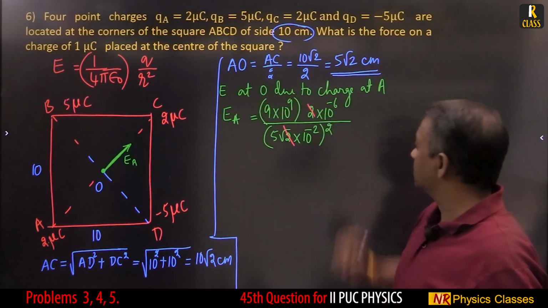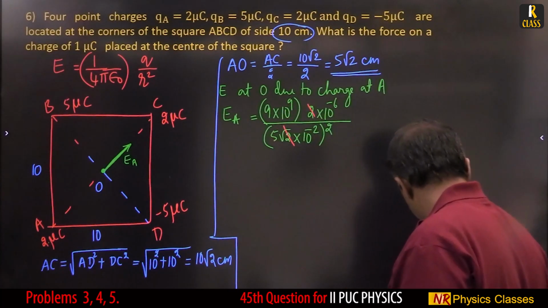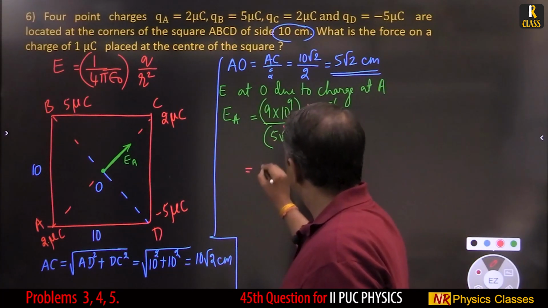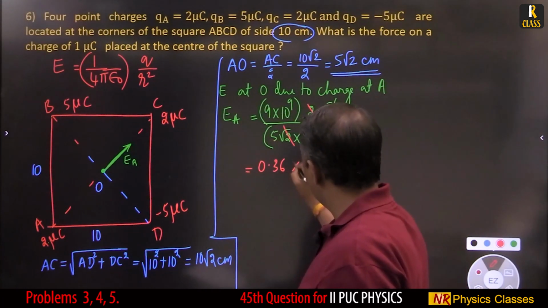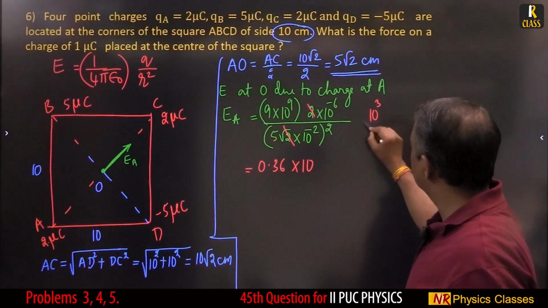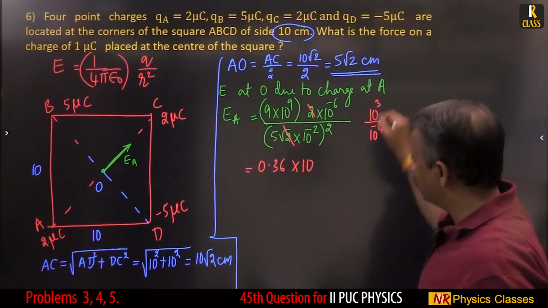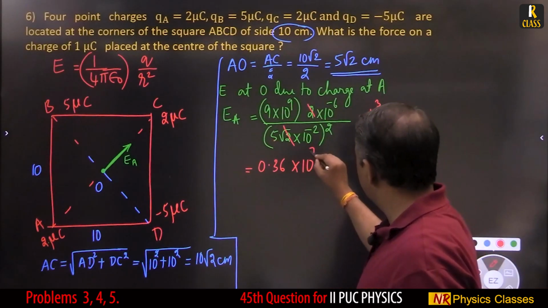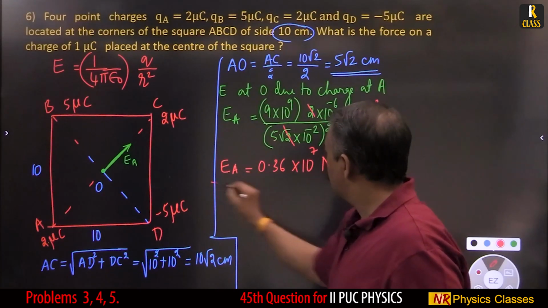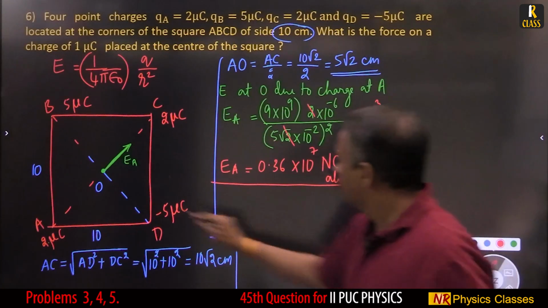This cancels with this. 5 square is 25. 9 by 25 is 0.36. 10 to the power of 9 minus 6 is 3, minus 2 is minus 4, this goes to the numerator, so 7. 0.36 times 10 to the power of 7 newton per coulomb. This is EA. What's the direction of EA? Along OC.